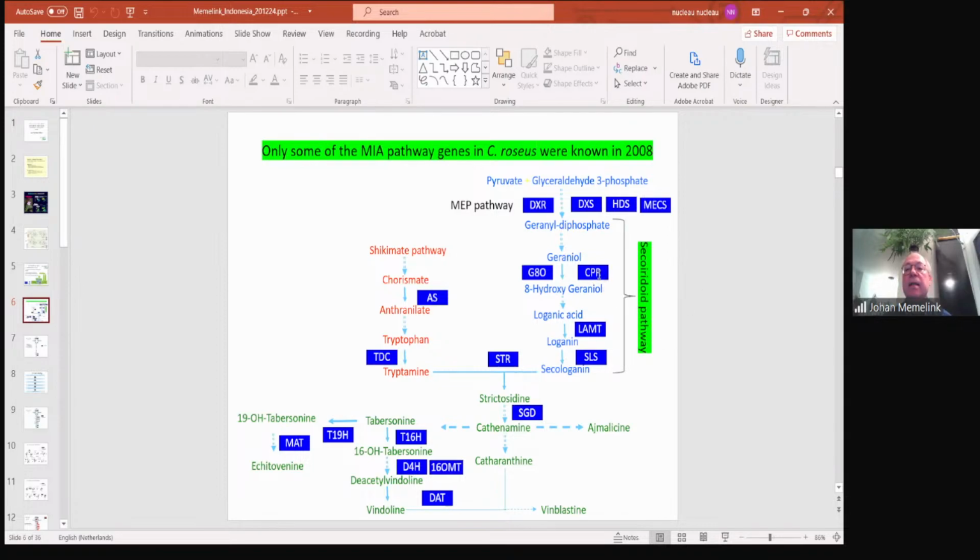What you see in the right part is a pathway going from geraniol to secologanin, and this pathway is called the seco-iridoid pathway. A few genes were known in 2008, but a large number of genes were still unknown, and the idea of the Smart Cell project was to solve this part of the pathway.